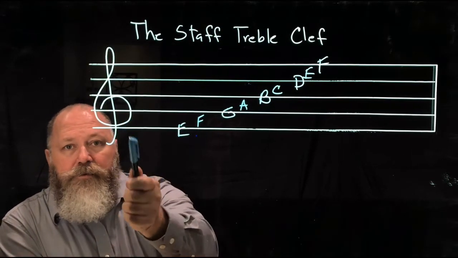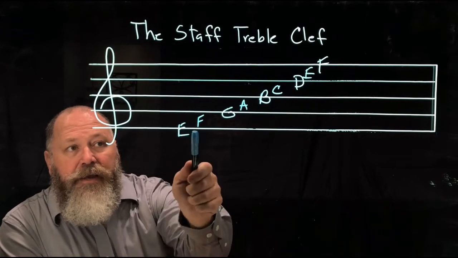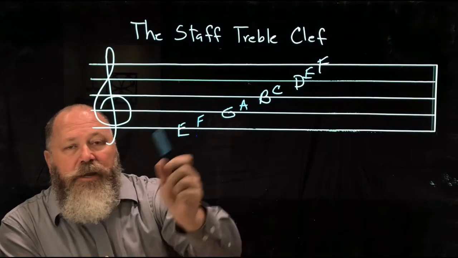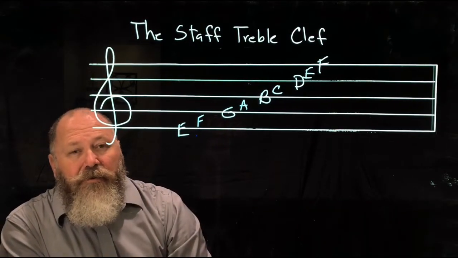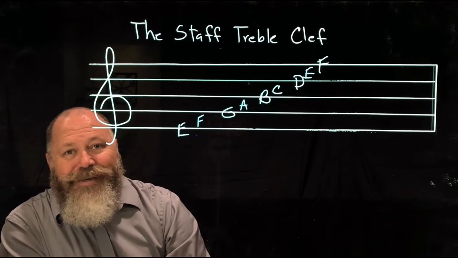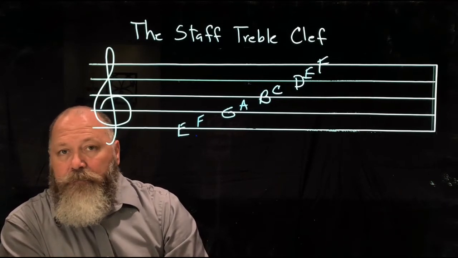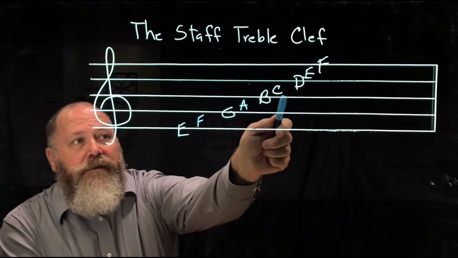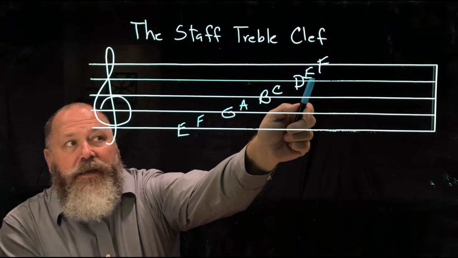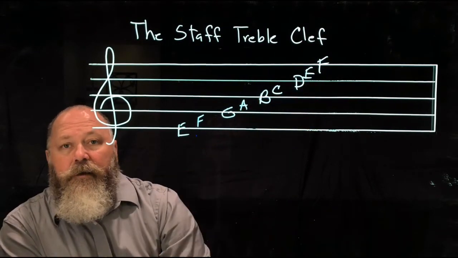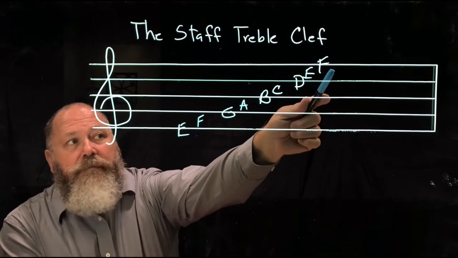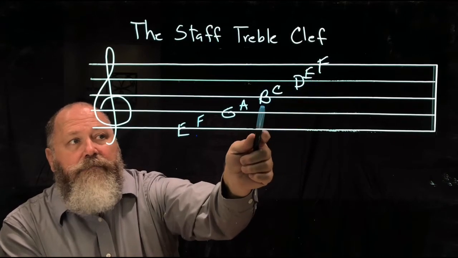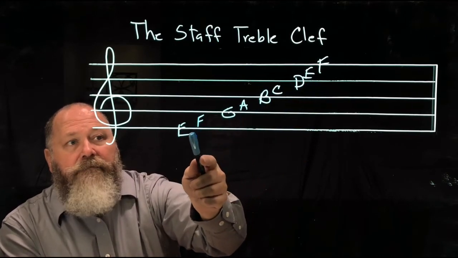But because of the treble clef, we don't start on A at the bottom, we start on E. So we have E, F, G. Some point in elementary school, you learned that we only use the letters A, B, C, D, E, F, G. So after G, we have to start again at A. A, B, C, D, E, F. So if we're starting at the top and going down, we of course have to go backwards through the letters. F, E, D, C, B, A, G, F, E.